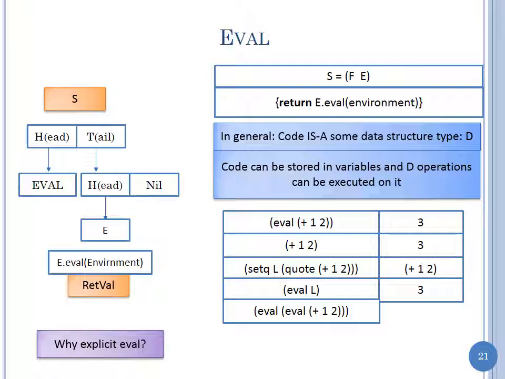The innermost eval will return what? And eval of 3 is? Okay, so no harm done, I just wasted some work. Can you imagine 2 evals causing problems? Chris, I'm going to look at you. Yes, okay.